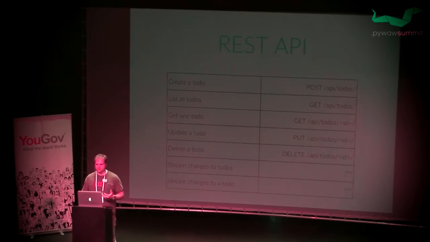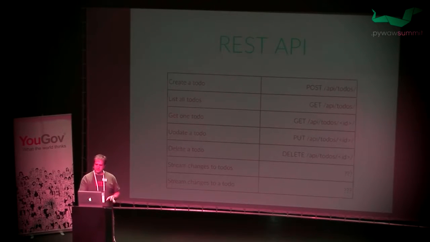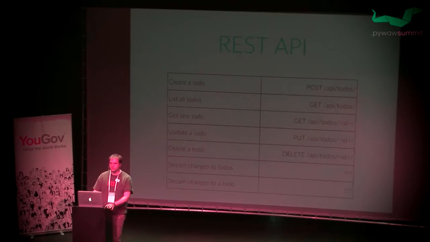With REST, there's a core that I think we all kind of agree on, and then there's some fringe stuff that everybody argues about. But the stuff that's filled in on the right-hand column here, I hope we all can pretty much agree on. If you want to create a new thing, you do it with a POST, and you do it to a path that looks like that, and similar down the list. This shouldn't be too controversial. But where do our streams go?